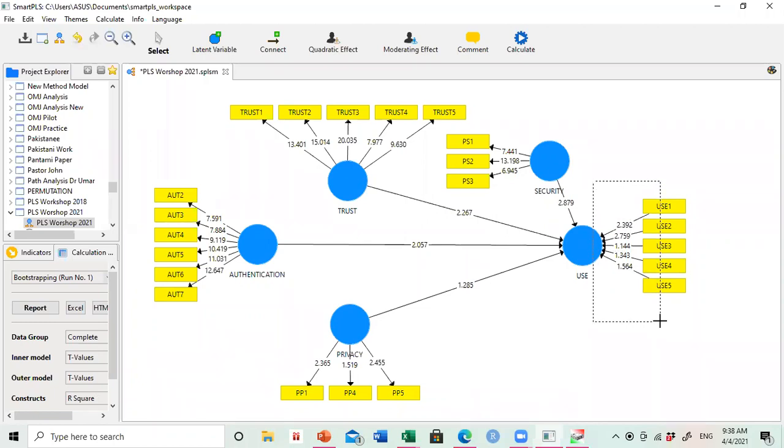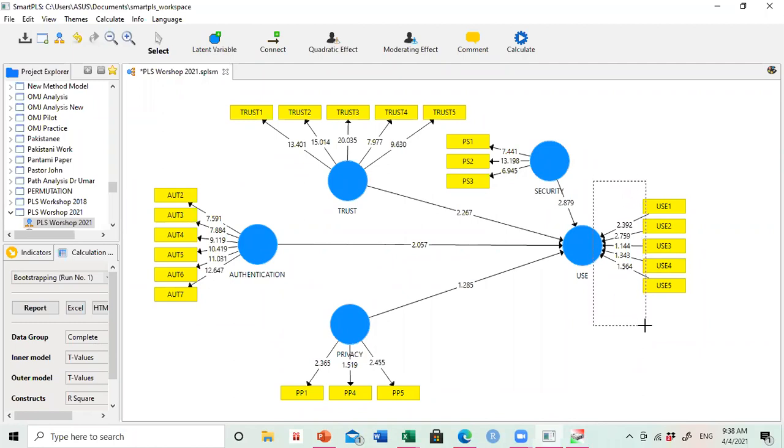Dr. Salis, are you looking at the constructs one by one, for example, only use? No, we are looking at the items one by one. If I compare security, use, trust, authentication and privacy, they definitely have different values.